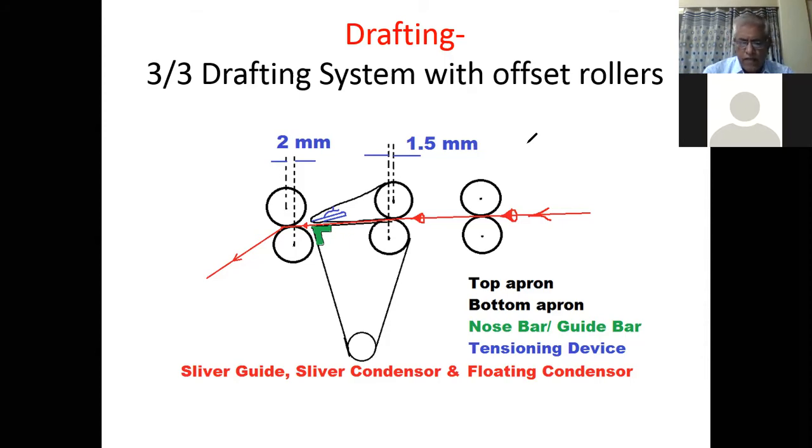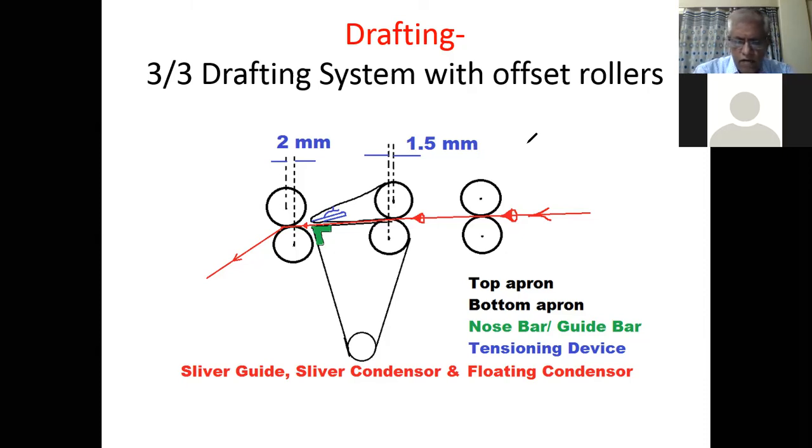So there can be some variations in the amount of offset of the rollers. But the object is to increase the contact area of the fibers with the rollers so that drafting takes place in such a way that drafting waves are not produced or produced to a lesser extent.